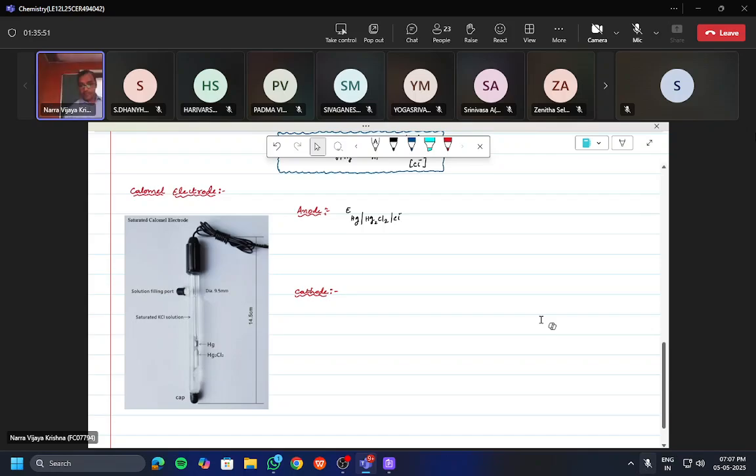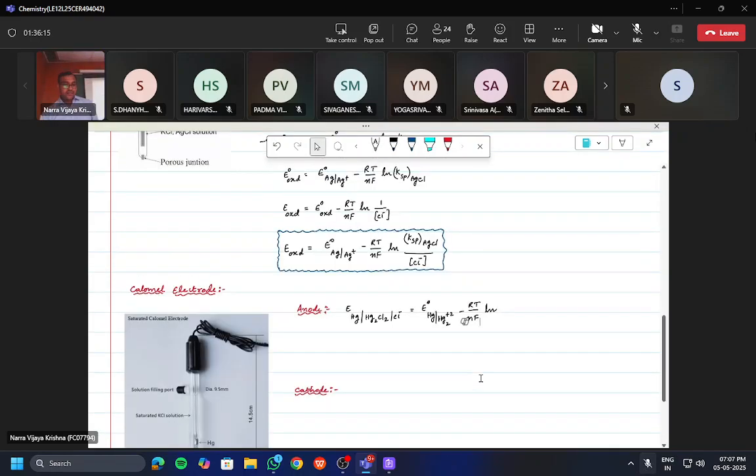This is equal to E naught of Hg converted to Hg2 plus 2, right? Minus RT upon NF log base e, KSP of Hg2Cl2 upon Cl minus square, as anode.